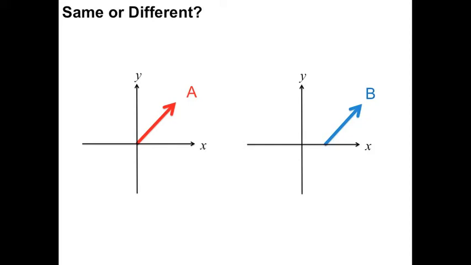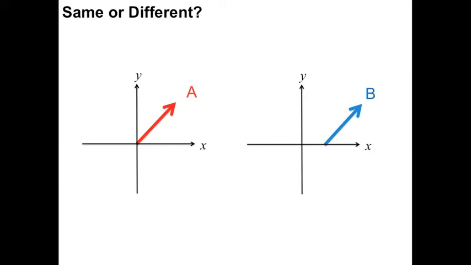How about these? Well, A and B seem to have the same magnitude, and they are both pointing at a 45-degree angle up from the positive x-axis. The only difference appears to be where the vectors start. So vector A starts at the origin.